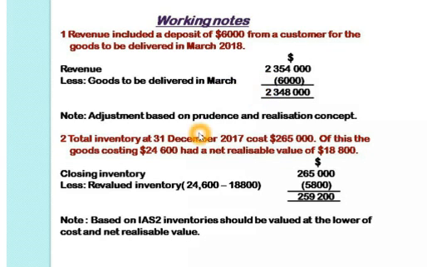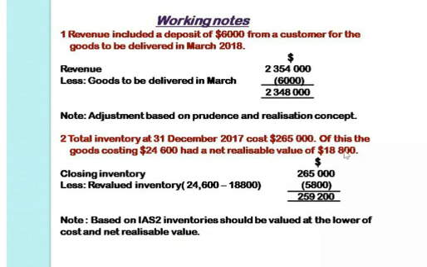Next, the second adjustment states that the total inventory at 31st December 2017, which will be our closing inventory, cost $265,000. Of this, the goods costing $24,600 had a net realizable value of $18,800. So, based on IAS 2, the inventories should be valued at the lower of cost and net realizable value.